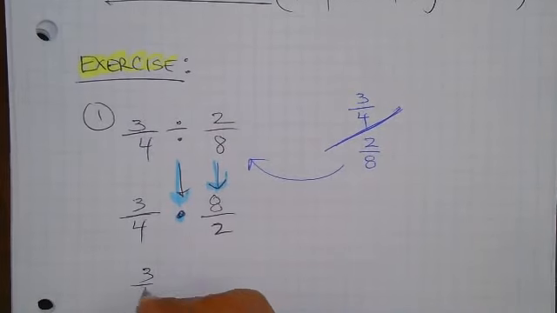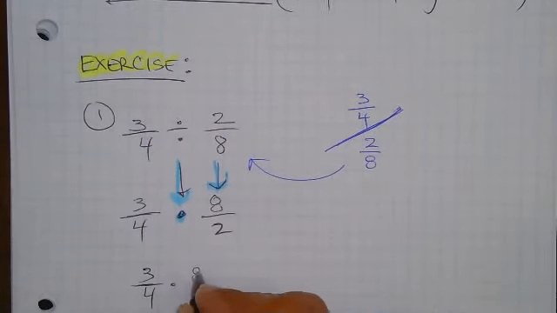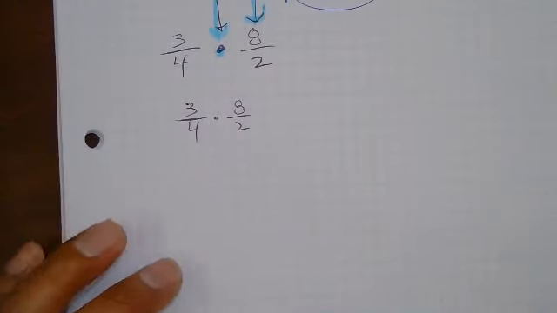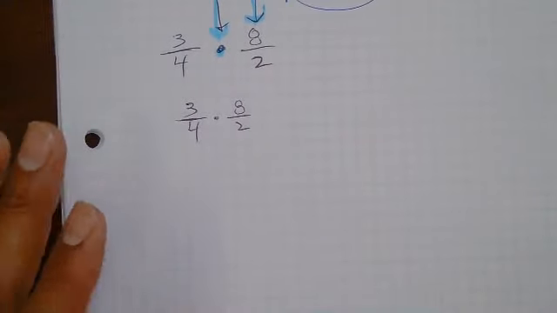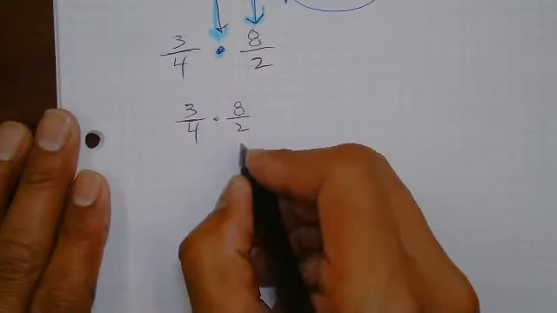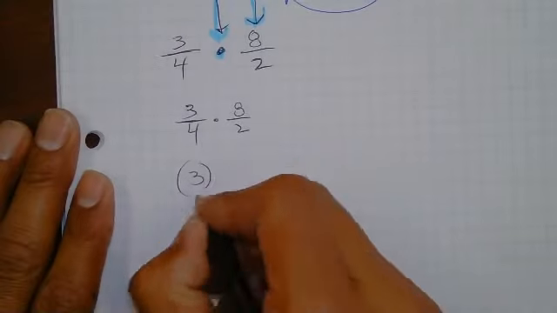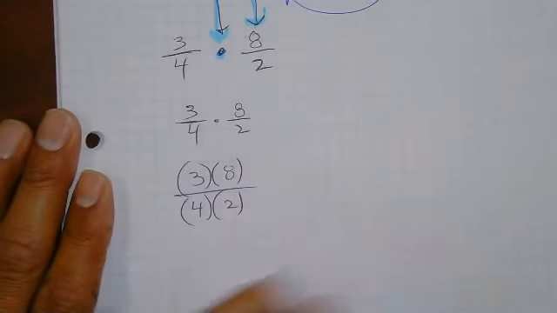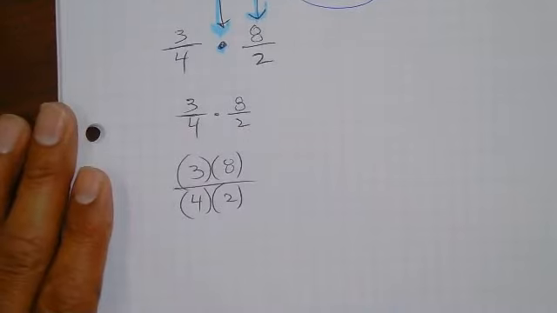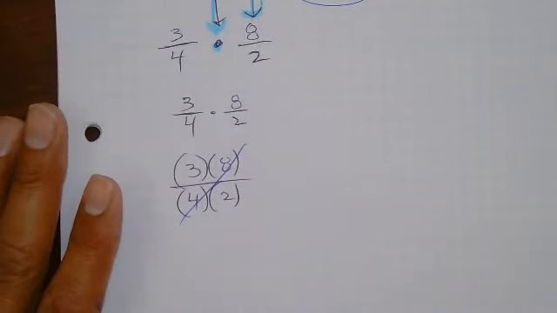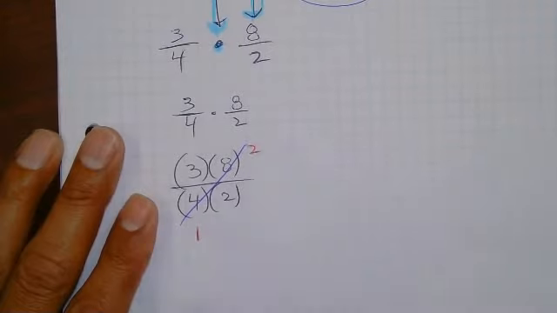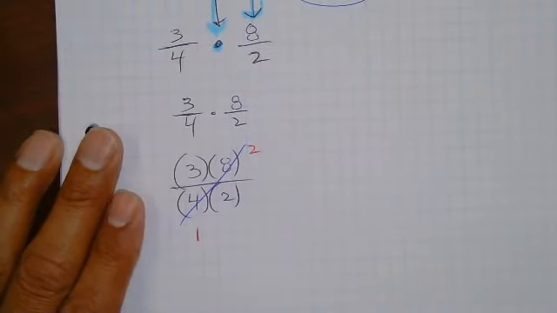All right, so how do you do 3/4 times 8/2? Well, you multiply, but you actually look to see if you can reduce anything. I got 3 times 8, and then 4 times 2. Can anything reduce? Good. What's left? 1 and 2.